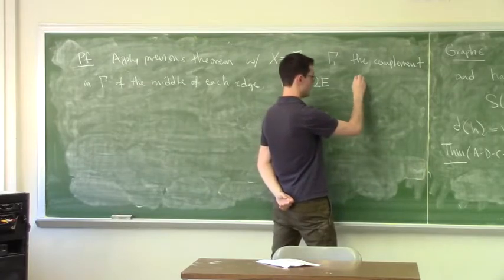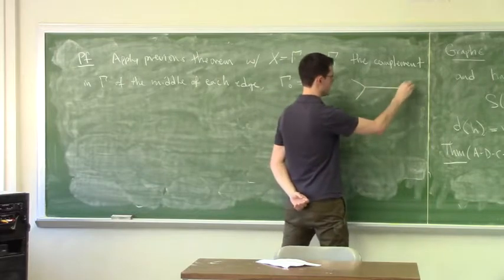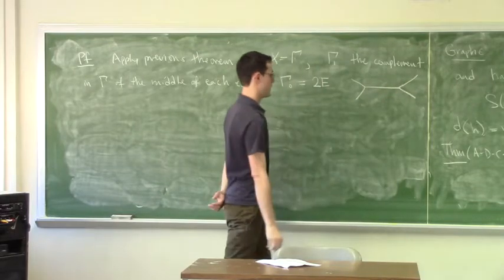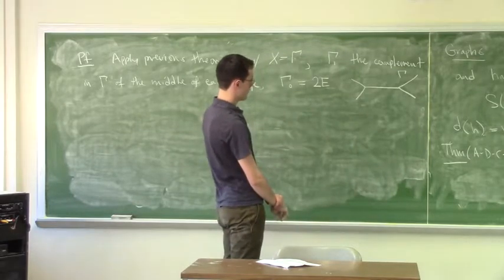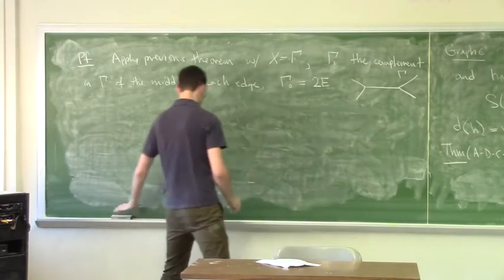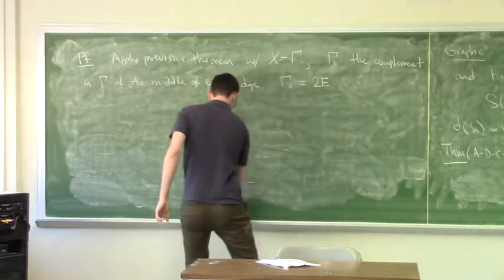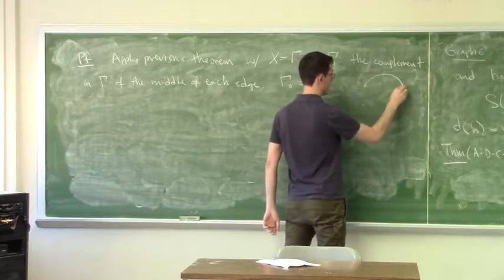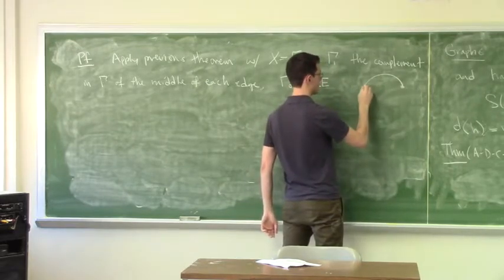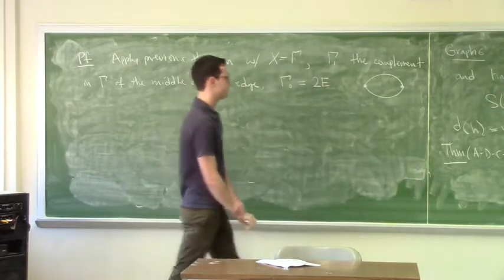Let's say I'm looking at a very simple graph. Let's just do one that looks like that. That's gamma.